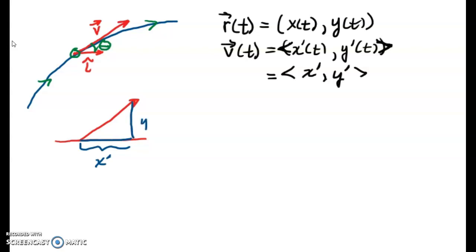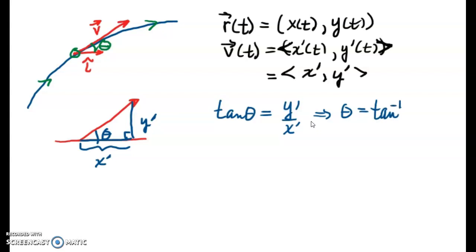And here's y prime. And notice that the tangent of theta is y prime over x prime, opposite over adjacent. And so theta is the arctangent of y prime over x prime.